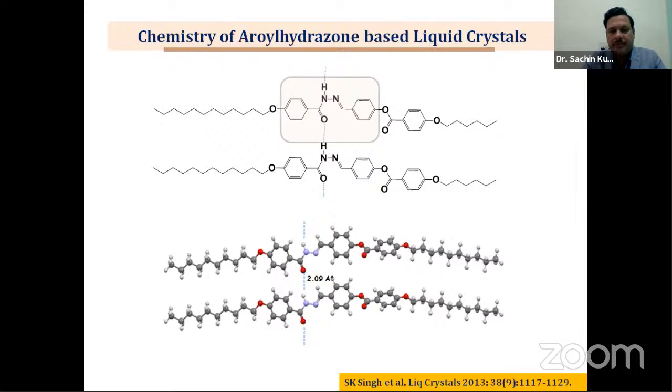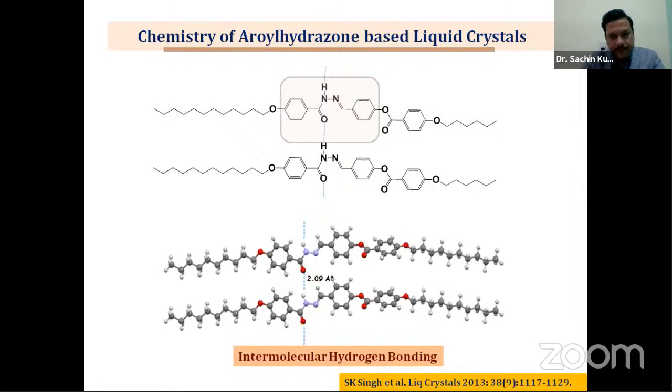But when we think about liquid crystals on an aryl hydrazone core, we often get crystallinity, because there is strong intermolecular hydrogen bonding. Therefore, in most cases, the molecules align in a particular direction. And this is the challenge we are working on, to design materials on this core. So intermolecular hydrogen bonding is there.